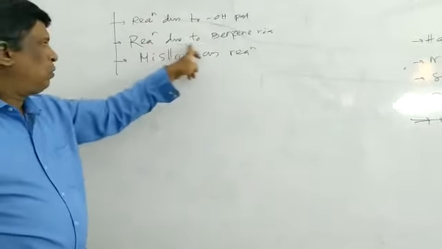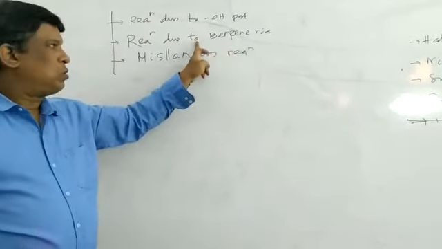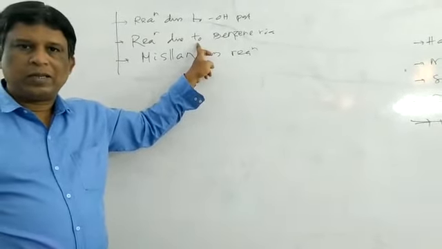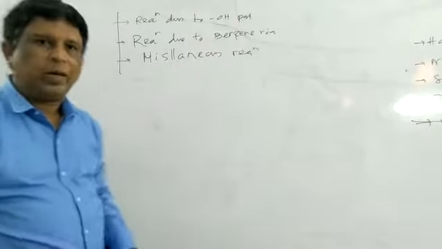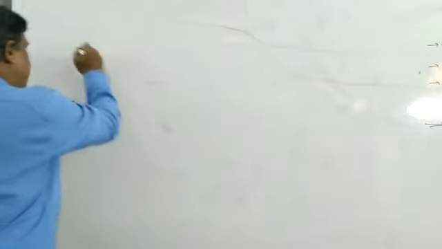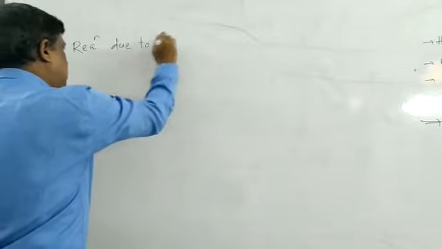Next move to reaction due to benzene ring. Under this one the most important thing is the electrophilic substitution reaction. Discuss one by one. So let me reaction due to benzene nucleus or benzene ring.